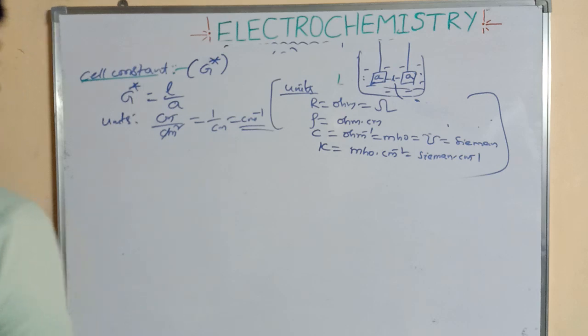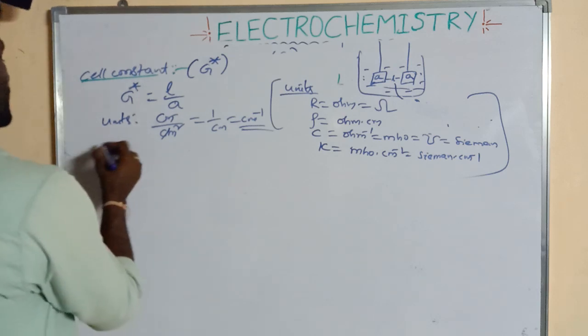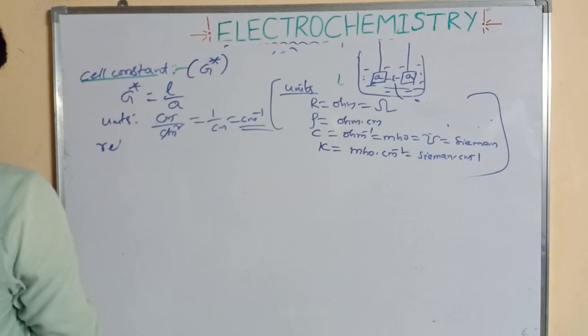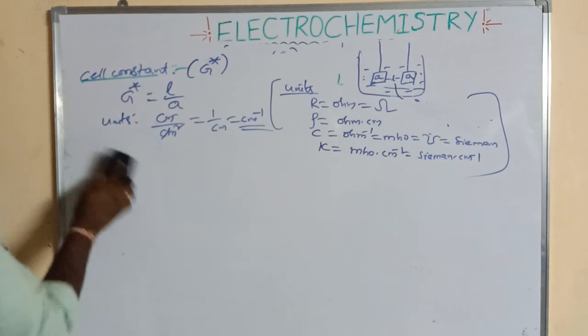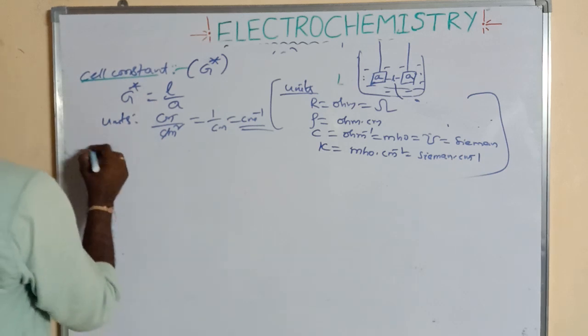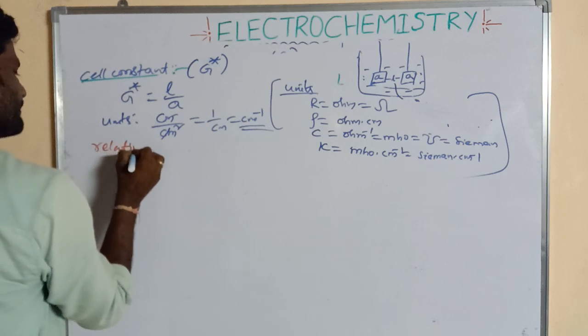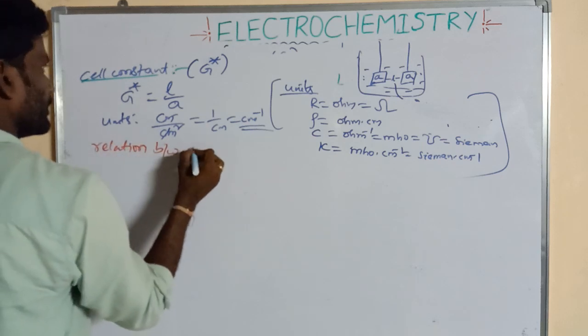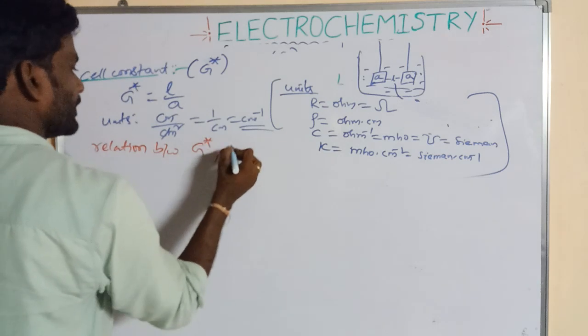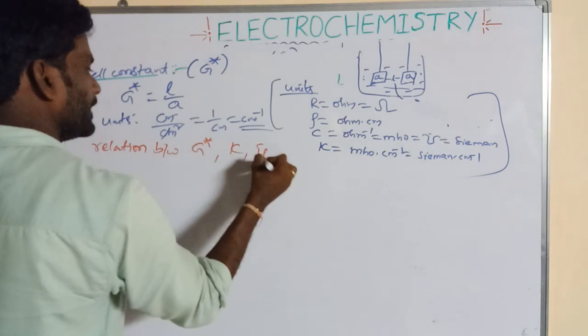Now what is the relation between G star, kappa and R?